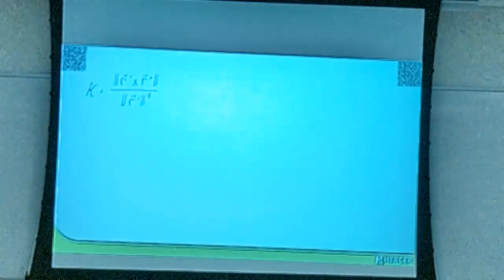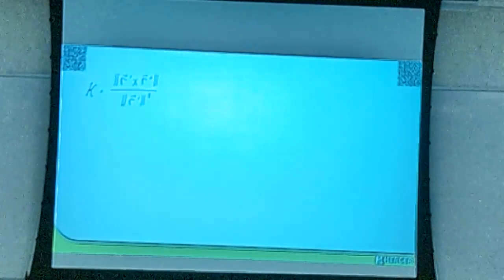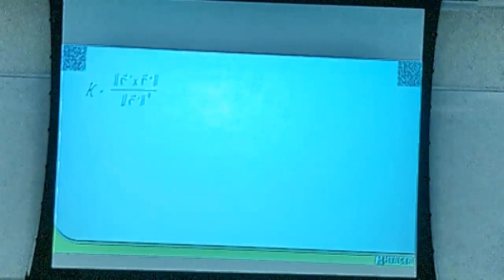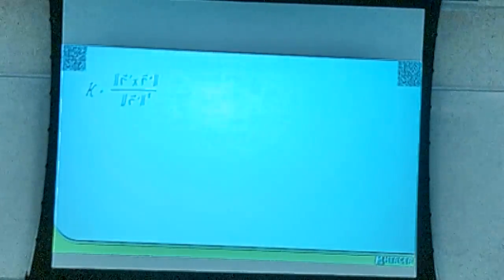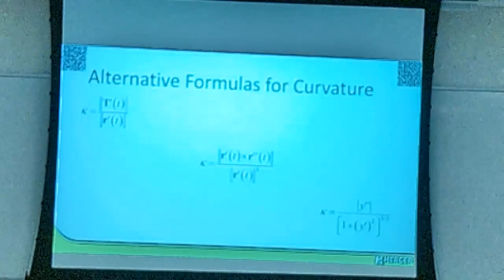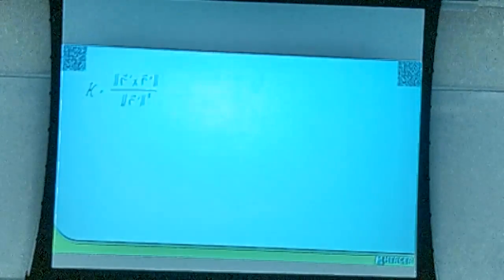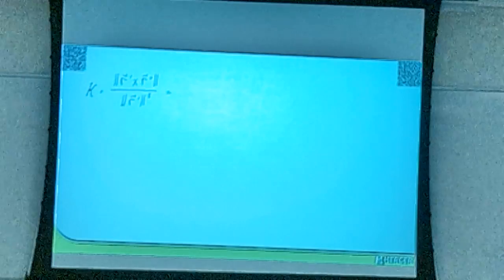Curvature is, let me make sure I do it right now. Okay, good.